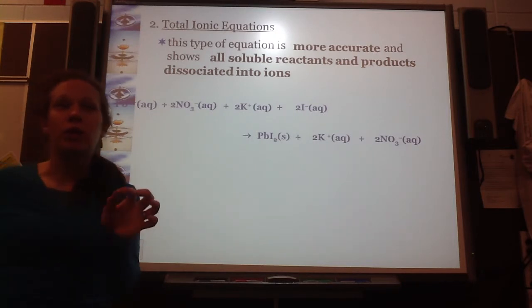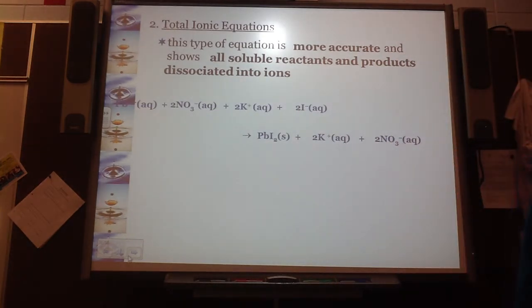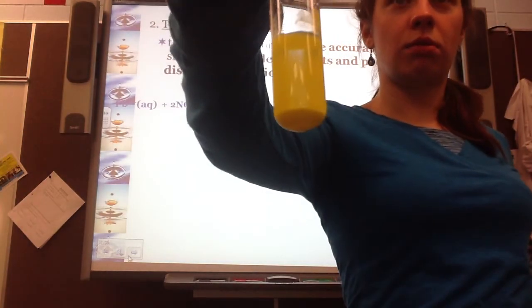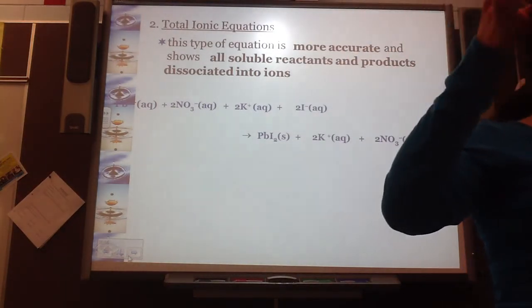Because how did I know a chemical reaction occurred? What's evidence of chemical reactions? What did I say when it happened? What was evidence? The precipitate. What else? Can you see it in the video? Okay. Yellow color change, precipitate.